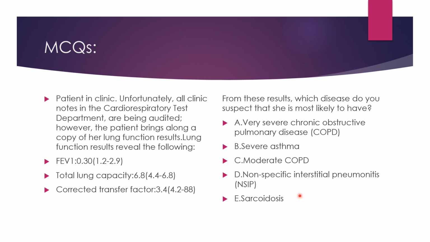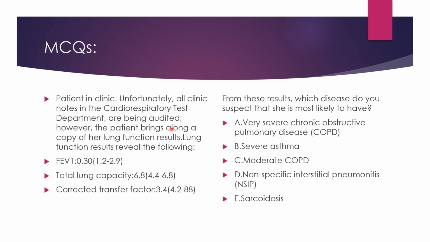So this question is difficult to answer because even if you make a diagnosis, there is something called as very severe and moderate. So as most of you might be able to diagnose this case, this is an obstructive lung disease. It is a chronic obstructive pulmonary disease.